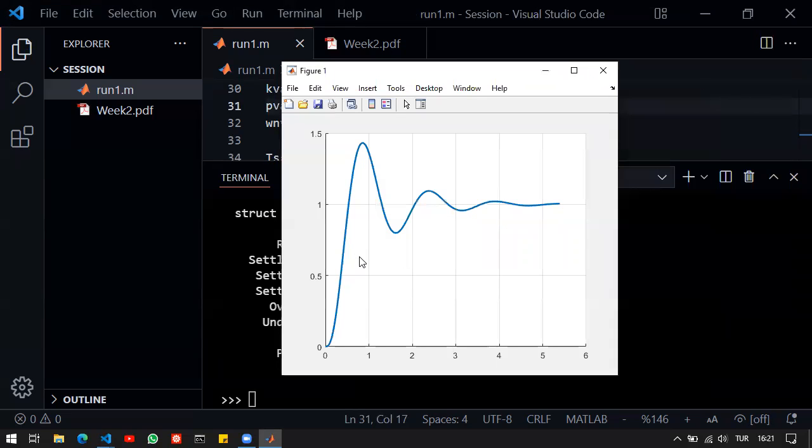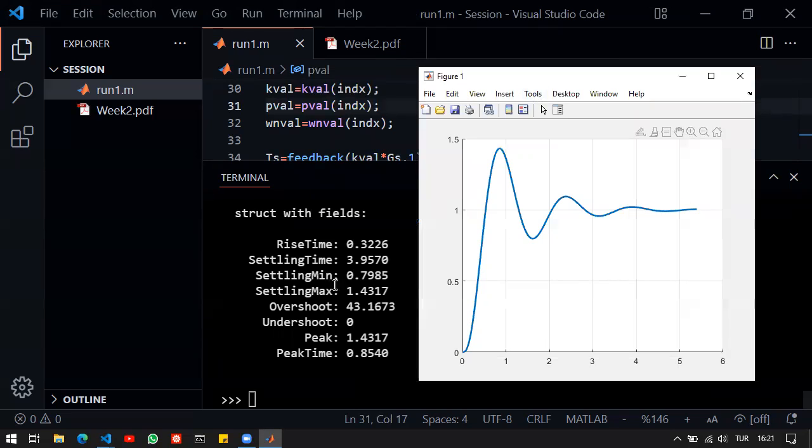This is a certain step response, but I can see that at 4 seconds, I'm approximately at the transients because the oscillations are damped out. And here it sort of enters the band that it should. And the stepinfo function here shows me that the settling time is 3.957. So interesting, because it is almost 4.